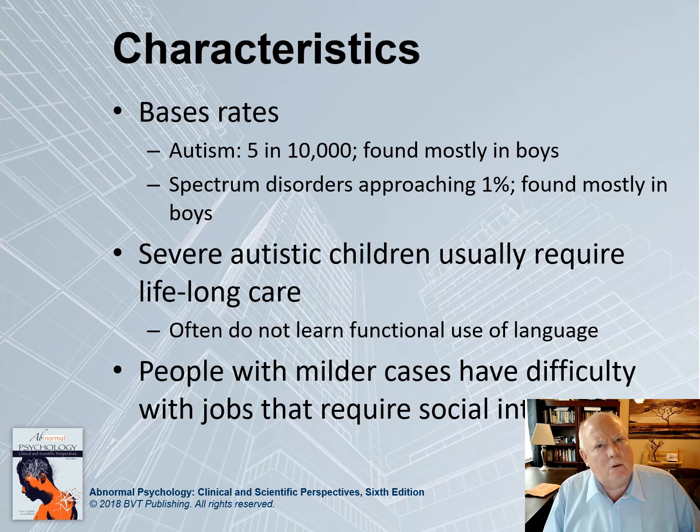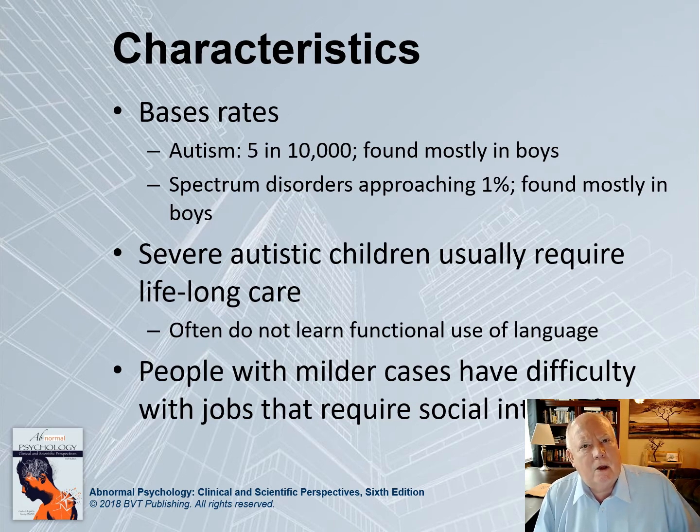People with the milder form often can function, especially if they are in a job that does not require a lot of social sophistication. So they might be, for example, excellent computer programmers, interacting with the computer very well, and perhaps interacting with some people they're collaborating with, but they're not very good at handling difficult social situations.